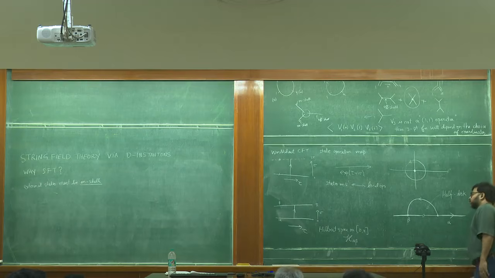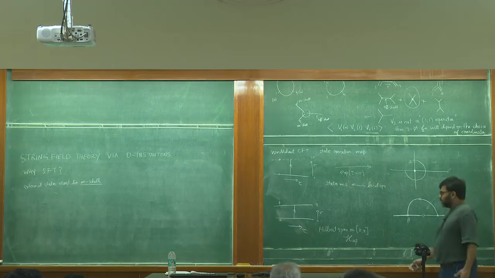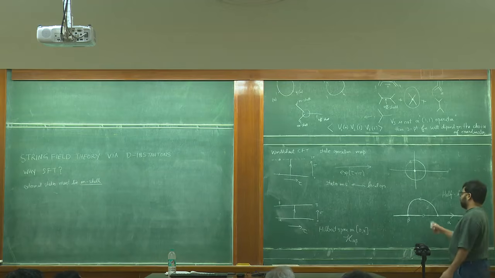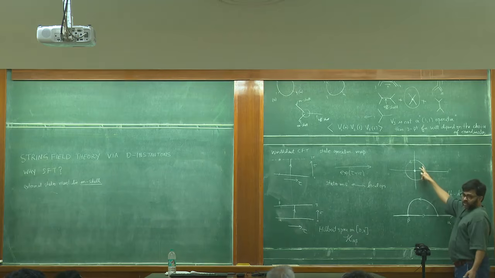And actually there's a subtle reason why the state operator mapping is not useful in massive QFTs. You can say I have an operator here, and you just do the path integral up to the unit disk and define a state corresponding to an operator.